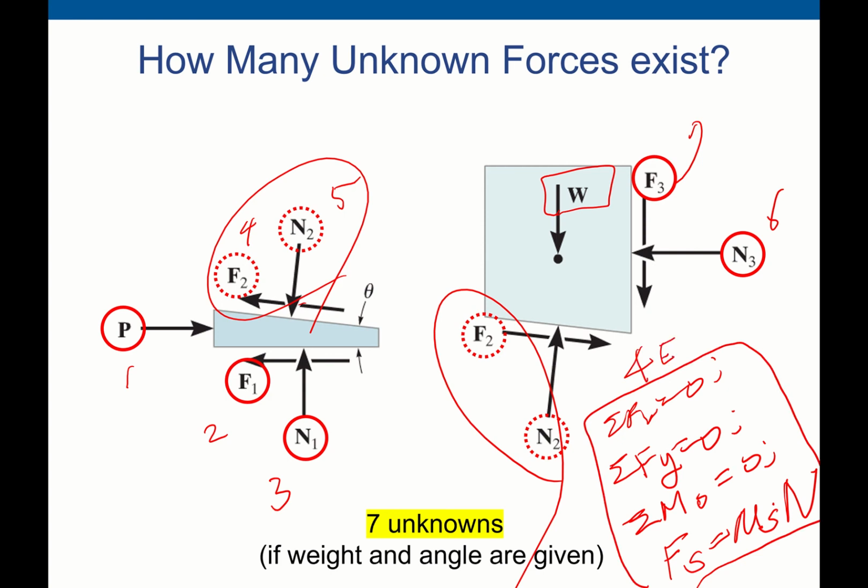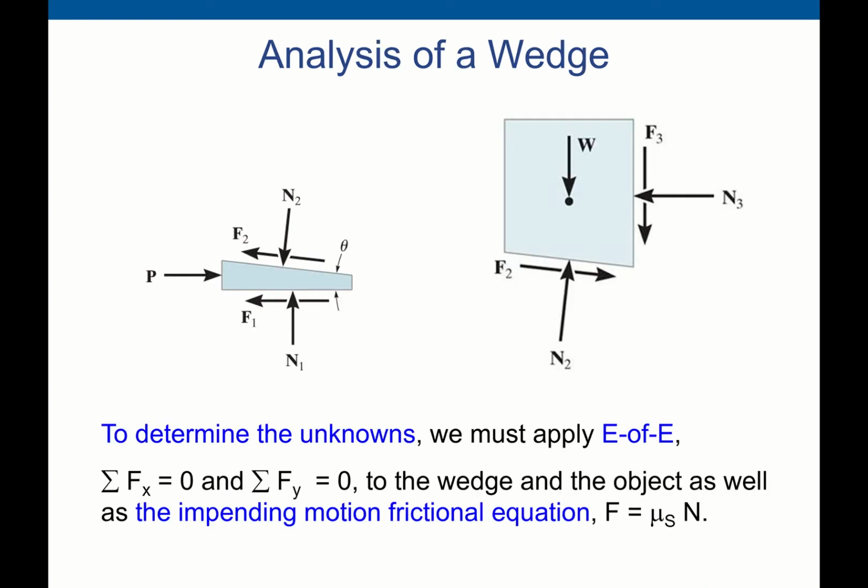Since we can apply these 4 equations to each part, even though we have many unknown forces, it's solvable. 4 equations for each part means we have a total of 8 equations. So with 7 unknowns, we can solve the problem. This is what I just mentioned: sigma Fx equals 0, sigma Fy equals 0, and with impending motion, we can use the frictional forces.